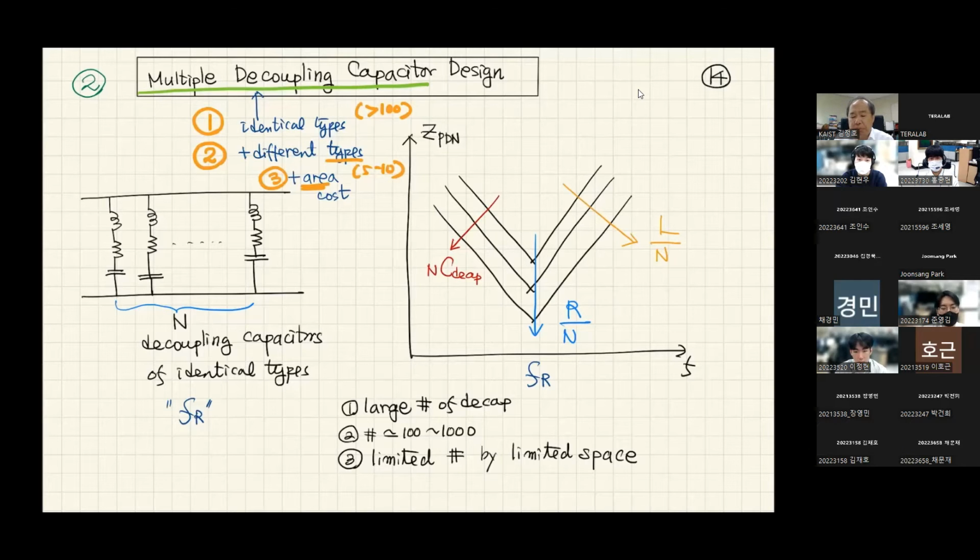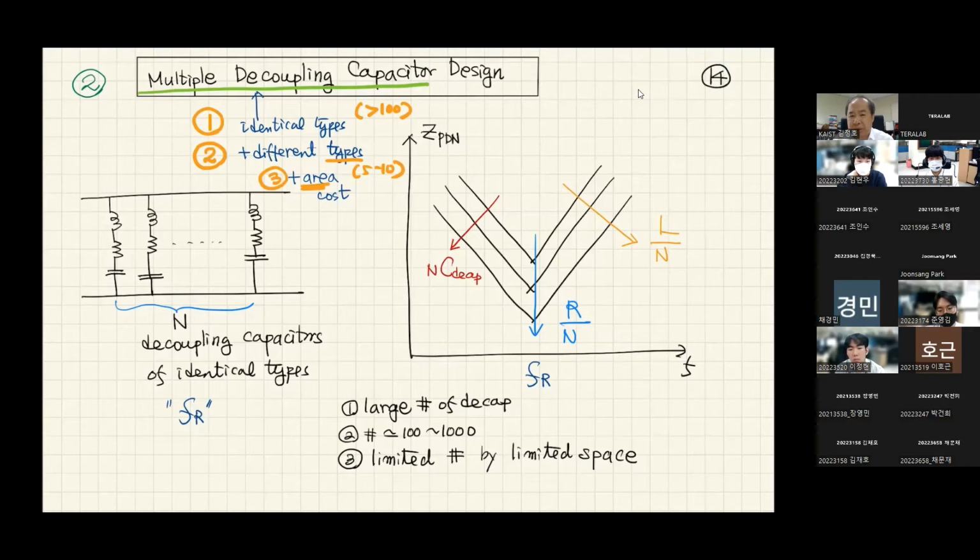If you put a big decoupling capacitor, capacitance will increase, but inductance will also increase. So it is only effective at low frequencies, but at high frequencies it has very high inductance, and because of that, we have high impedance. So it doesn't help.